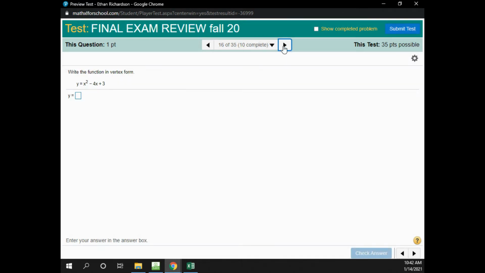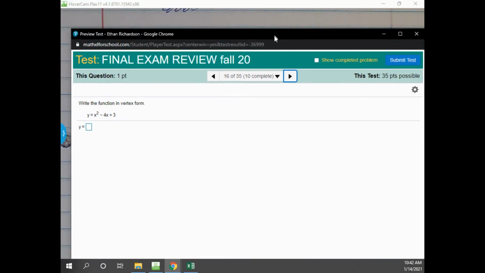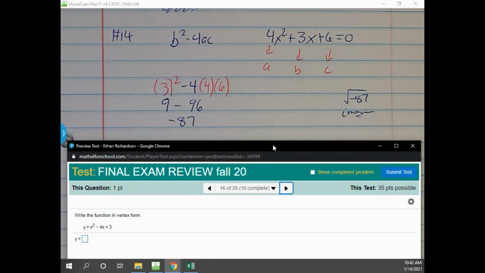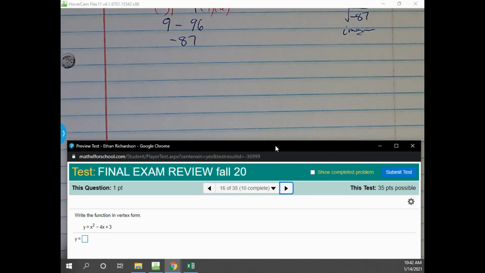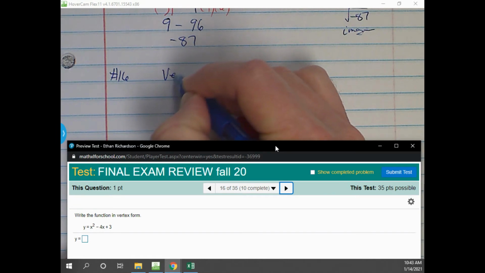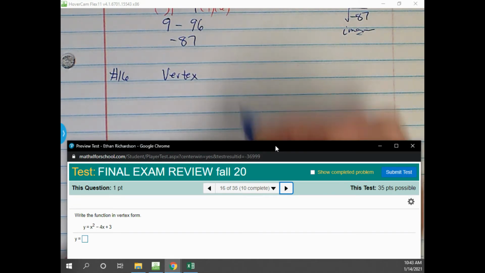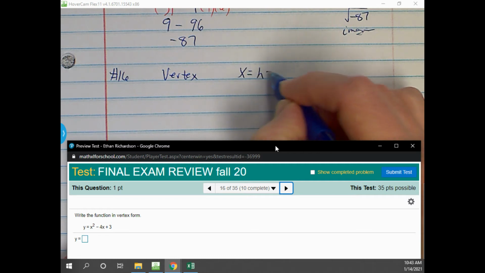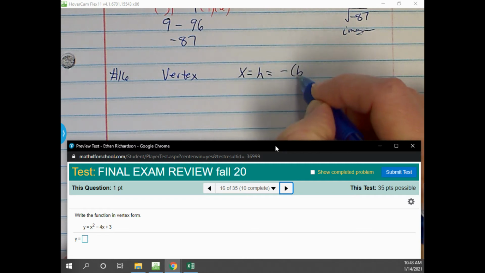All right, 16. We're going to write this in vertex form, which means we have to find the vertex. And to find the vertex, if you do or don't remember, the easiest way to find the x value, which was really the h value, was negative b over 2 times a.